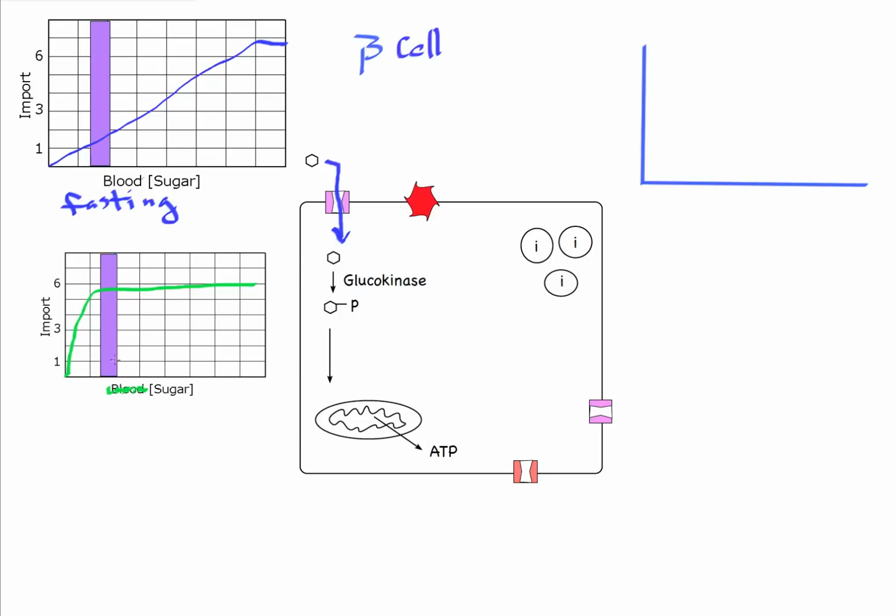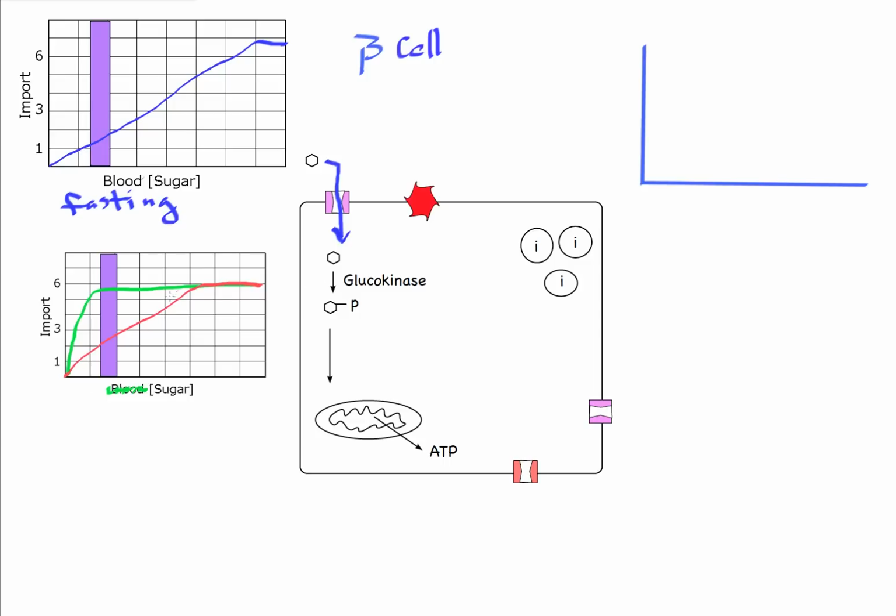A beta cell has glucokinase, and glucokinase has an affinity for glucose that enables it to make more and more glucose phosphate as a function of how much sugar it sees. Notice from this process that glucose is not going to be maintained in these cells within some homeostatic range.